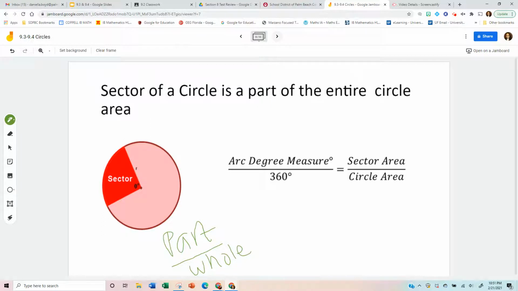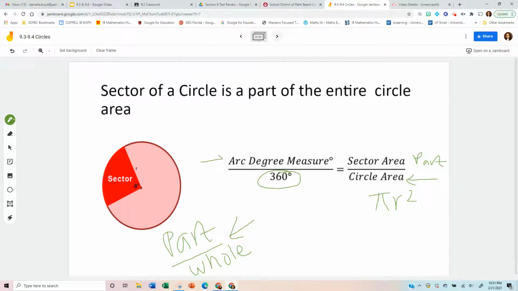So if the sector is a part of the whole circle, then it makes sense that the whole circle area would be in the denominator. And remember that circle area is pi r squared. And I then need another proportion that also follows the same thing, part to whole. 360 degrees is the entire circle all the way around.